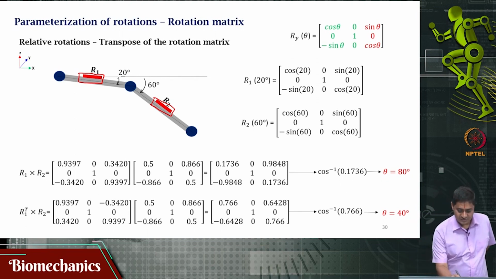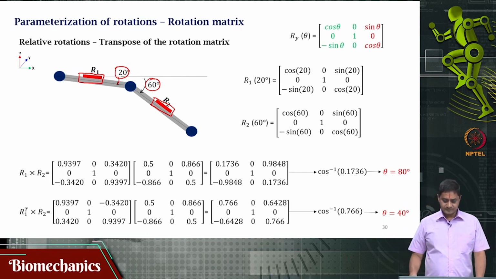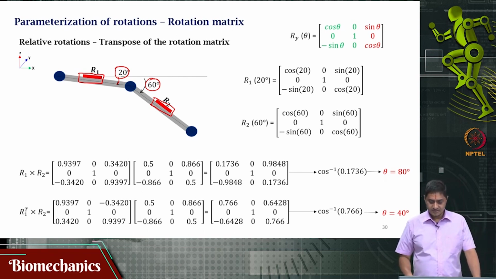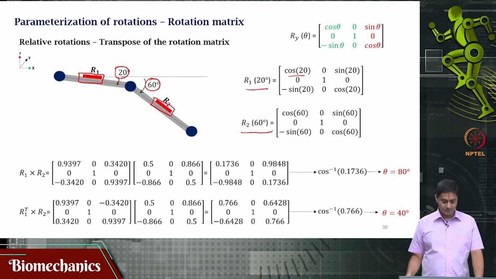Let us say the first one is measuring an angle of 20 degrees, the second one an angle of 60 degrees. Then I will have two rotations, represented as cos 20, 0, sin 20; 0, 1, 0; and minus sin 20, 0, cos 20 as the first rotation matrix, and the 60 degree rotation matrix will look like this.